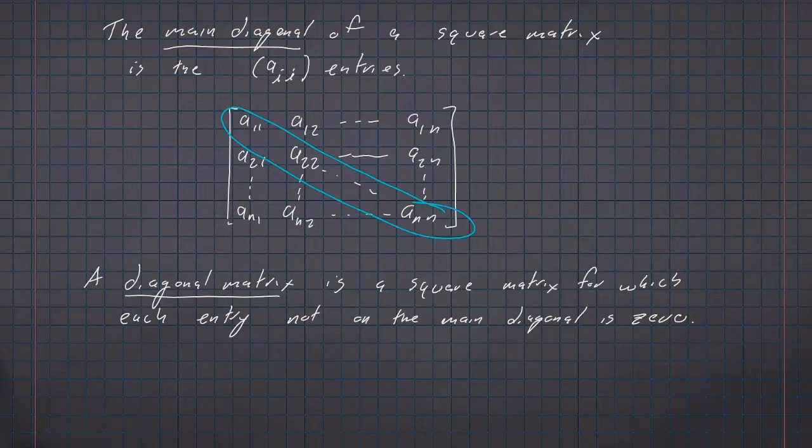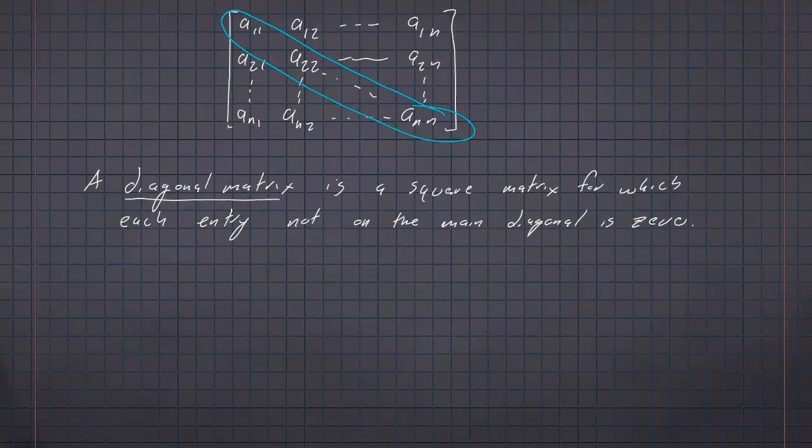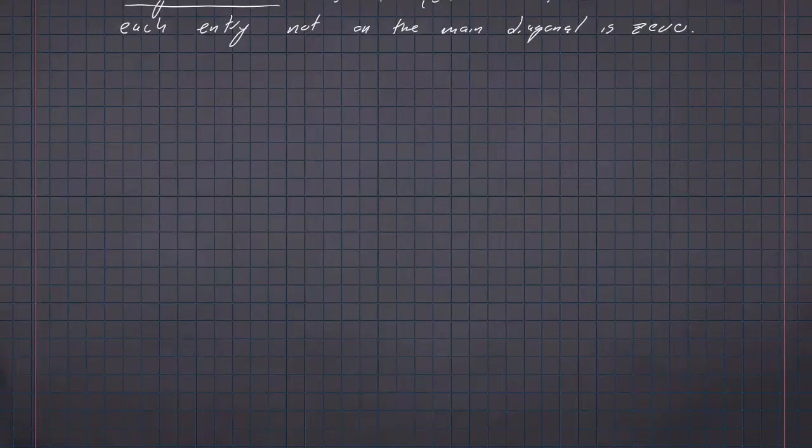Diagonal matrices where all of the entries are 0, very boring. Diagonal matrices where all of the entries are the same, also kind of boring. So I want to work with diagonal matrices today.